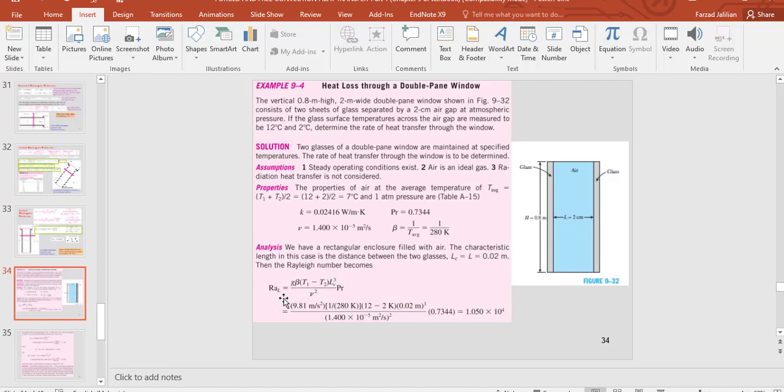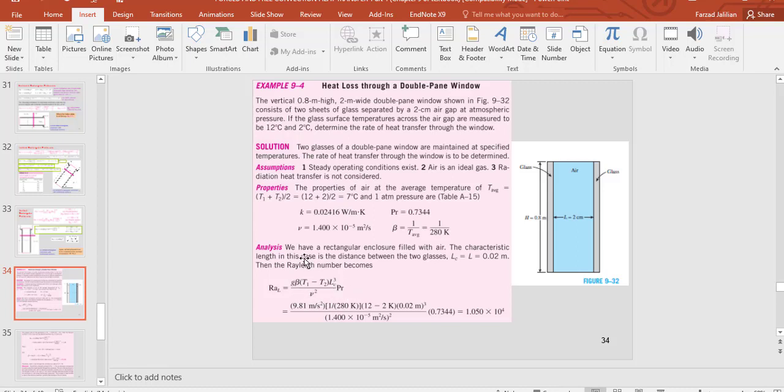We should check. We should calculate the Rayleigh number, then compare it with that value I told you, 1700 something. The Rayleigh number is equal to g beta times (T1 minus T2) times Lc to the power 3, divided by nu squared, times Pr, the Prandtl number.